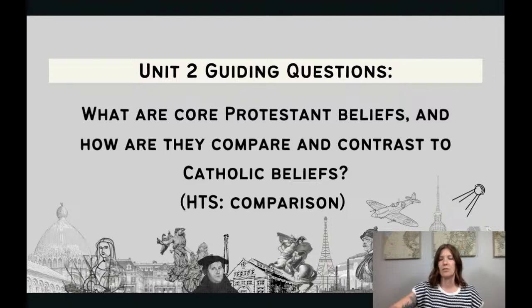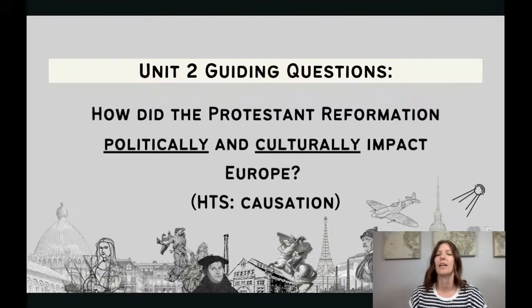What differences do they have? And then how did the Protestant Reformation politically and culturally impact Europe? So again, this is looking at that historical thinking skill of causation. What are the effects of the Protestant Reformation, specifically looking at politically and culturally? And the AP test loves the Protestant Reformation.